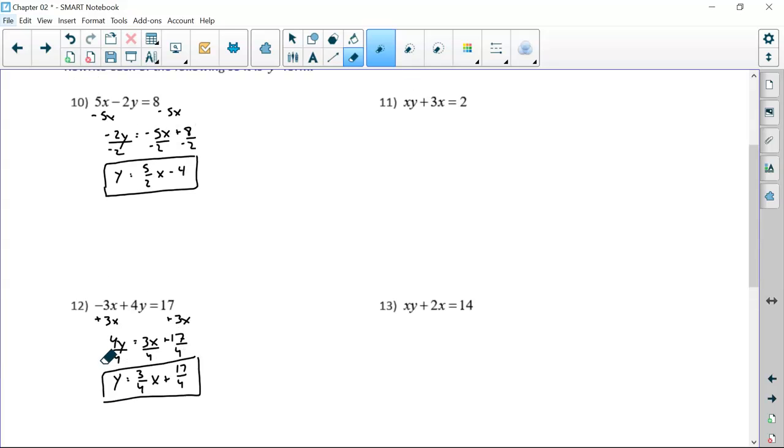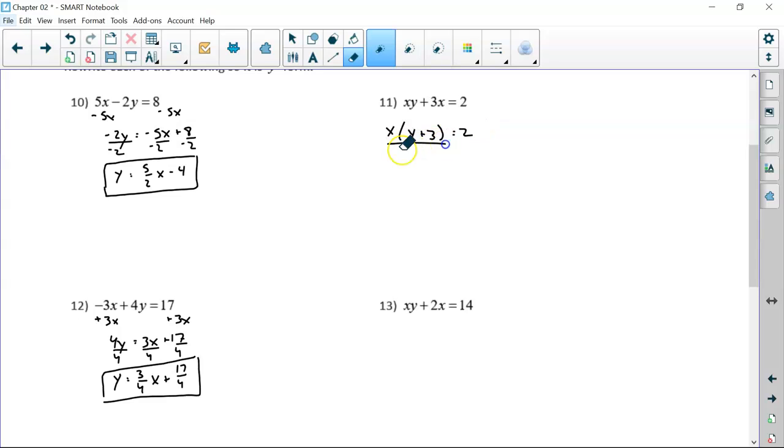Now, I skipped 11 and 13 because they're a little bit more difficult. These are more Algebra 2 problems. You can see we have x in 2 spots. So what we can do is start by factoring out an x on that left-hand side. So it's x times the quantity y plus 3 equals 2. Now our goal is to isolate the y.